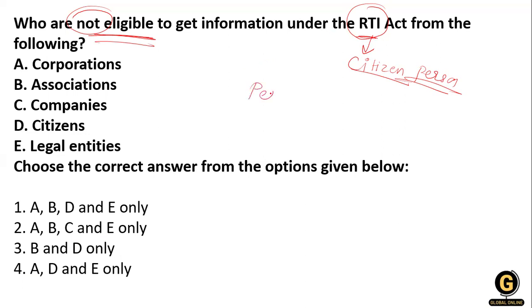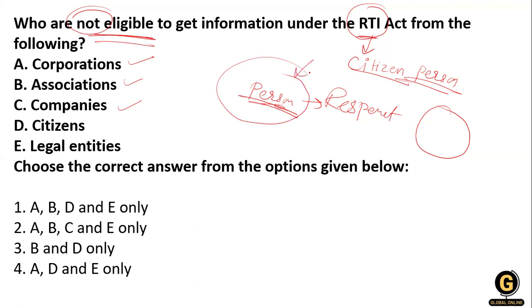If a person is leading, or having authority, or representing the whole of the corporation, association, group, or company, in that case that person is eligible for the right to information.